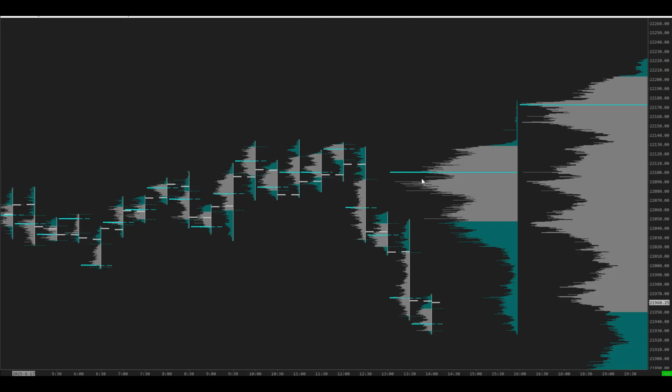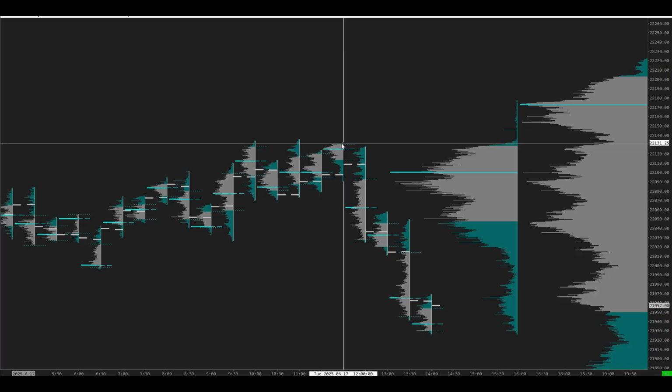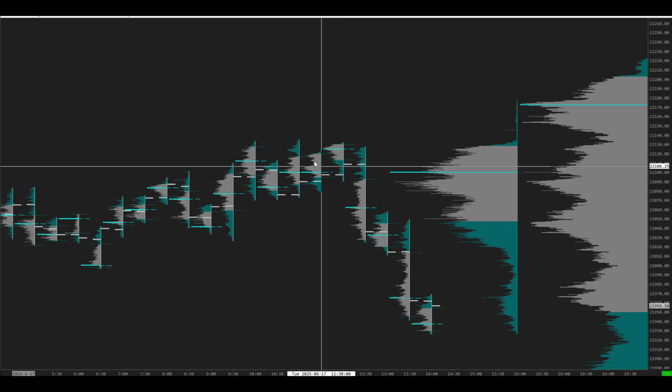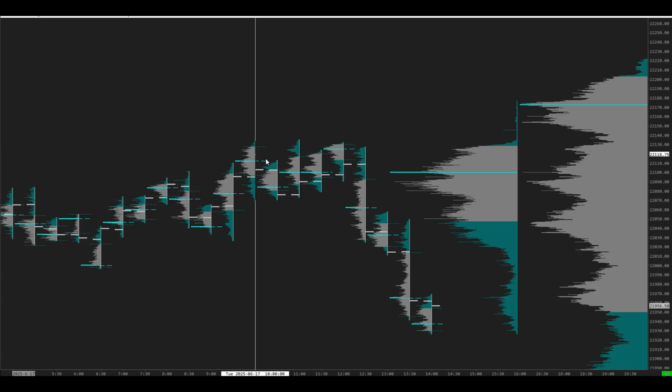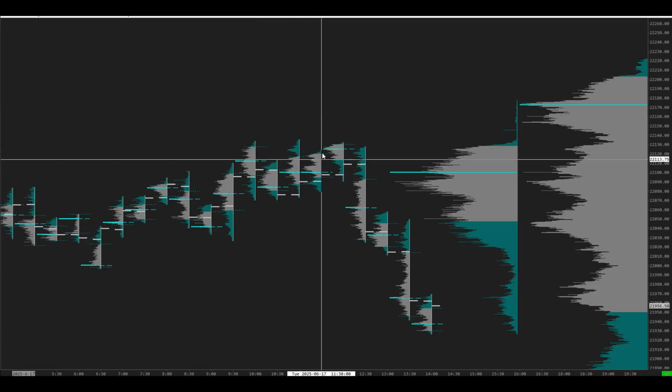And POC as well, which I believe was more so around this area earlier, really close to VWAP, if I recall correctly. And then we got value really struggling. If we're bullish right here, we really want to see value shifting higher.